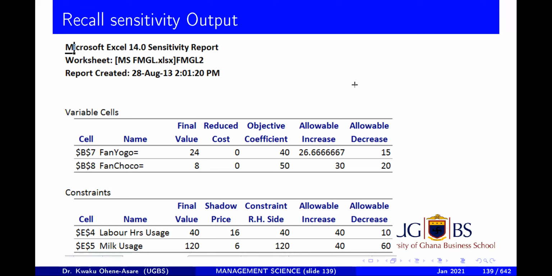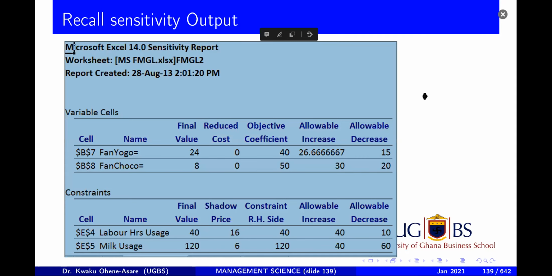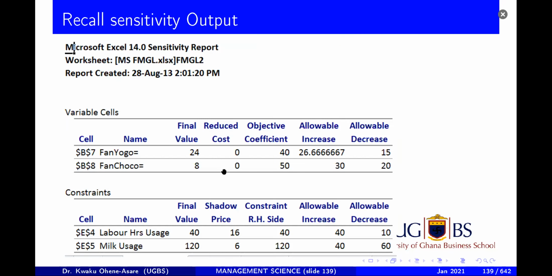In other words, there is no damaging effect you are going to incur if you produce this Fanyogo of 24, because the time and the resources you couldn't have used to produce anything better. And so the sacrifices you have made are not that significant. In fact, there are 0 sacrifices you've made. And so you can go ahead and produce the 24.